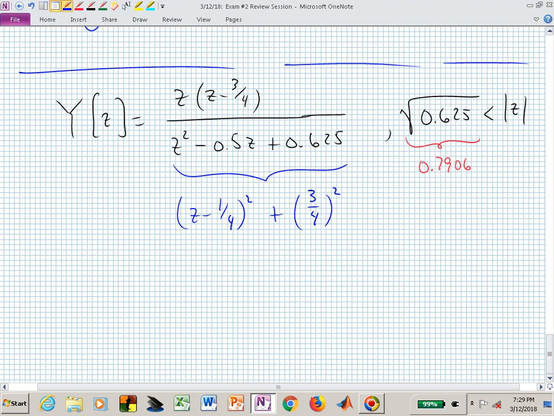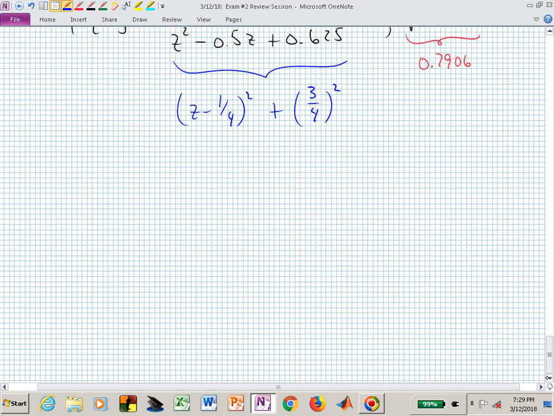So where are my poles located in the complex z-plane? If I now have it factored as z minus 1/4 squared plus 3/4 squared.